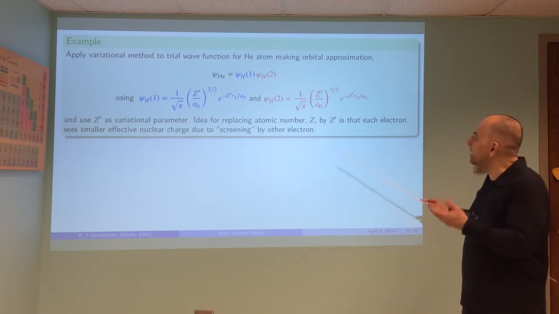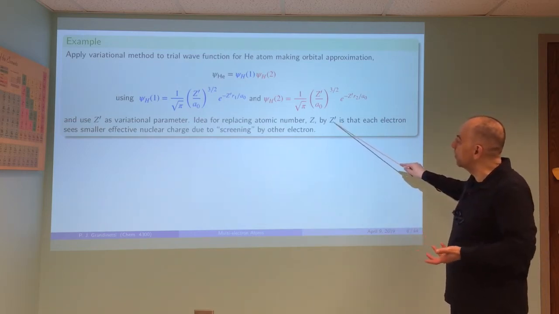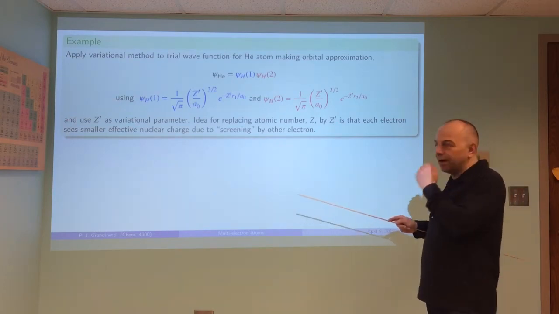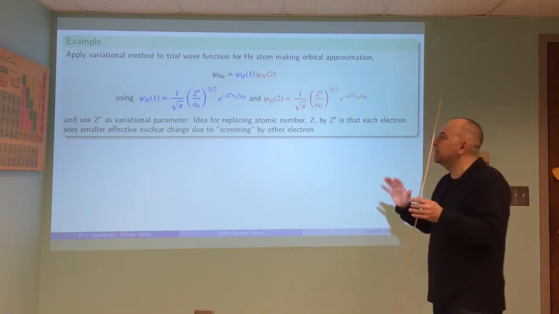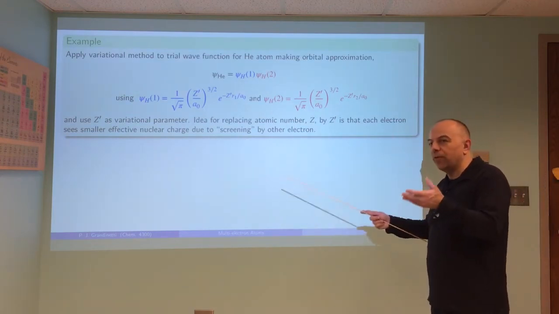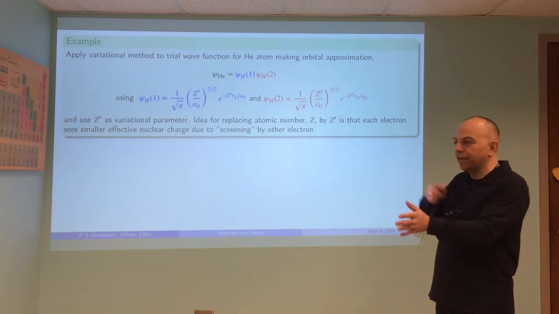So we would expect that as we do a variational approach, this z will drop from 2 down to some lower value, because we're creating a screened nucleus by one electron for the other, and vice versa.